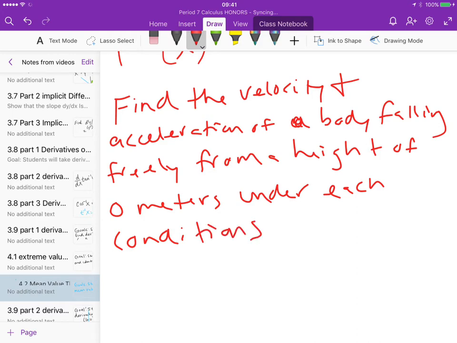So here's our base for this. We want to find out what the velocity and the position were based on the following conditions.